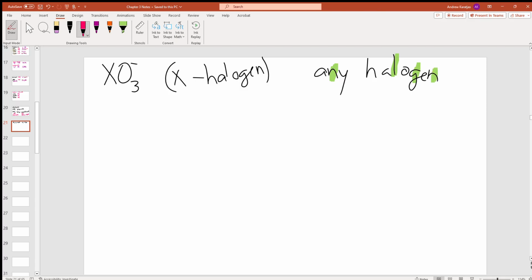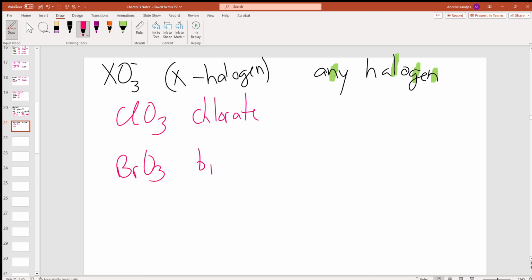And so this could be ClO3, chlorate, BrO3 is bromate, and IO3, iodate. And just like we saw with our other polyatomics, we could also have ITEs.